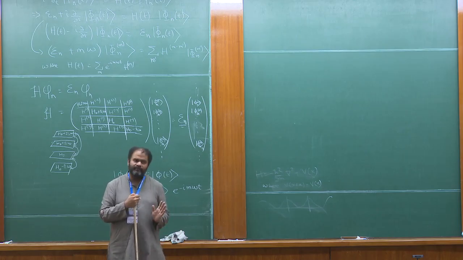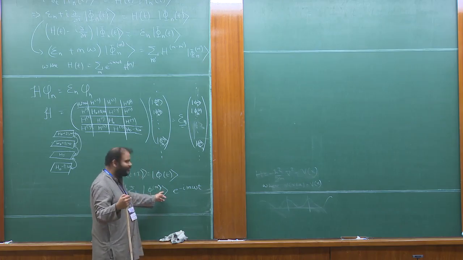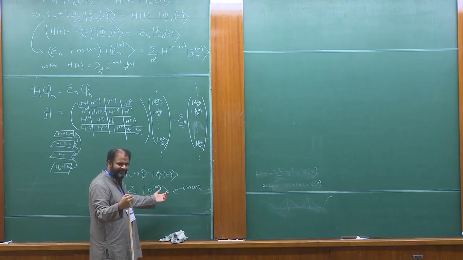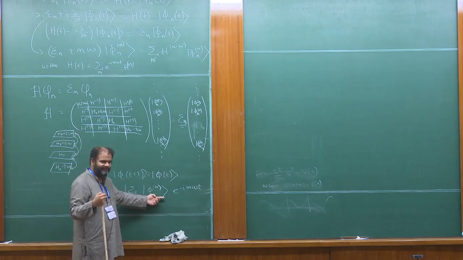Then my phi m's are fixed. Once I have fixed my Hamiltonian and my omega, my phi m's are fixed. You could carry an omega dependence around, but anyway, I'm expanding it like this.